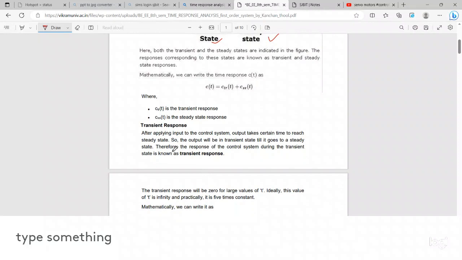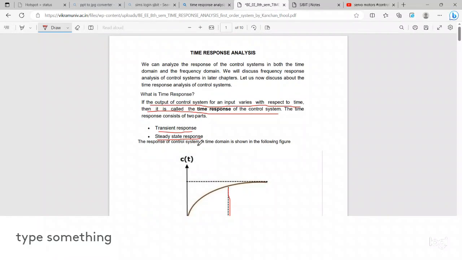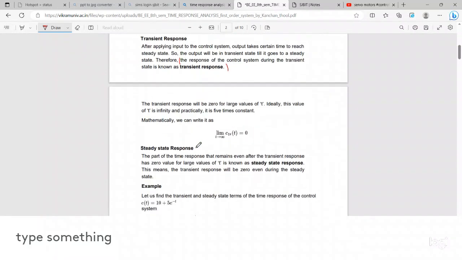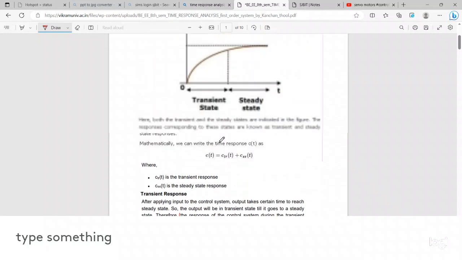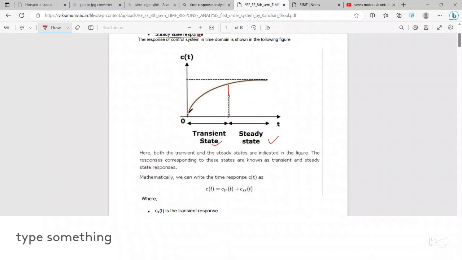By definition, the response of a control system during the transient state is known as the transient response. The transient state is from the input until it reaches near the desired output.